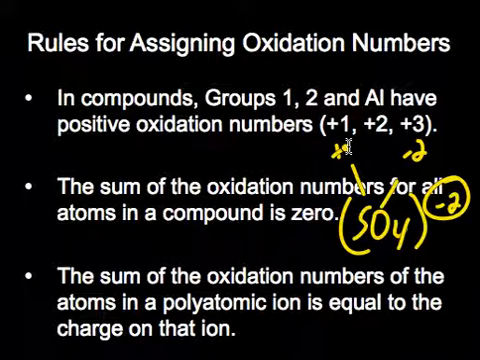So that means that the sulfur must be a +6, so everything can equal -2. Because all the oxygens are -8, +6 for the sulfur. Again, it doesn't mean the charge they're forming, it just shows that the electrons are around the oxygen much more. And then we can follow those electrons as it goes through chemical reactions to see which atoms are losing and which atoms are gaining electrons.